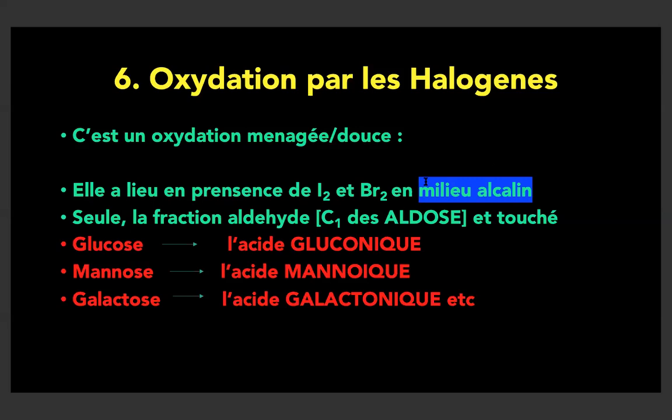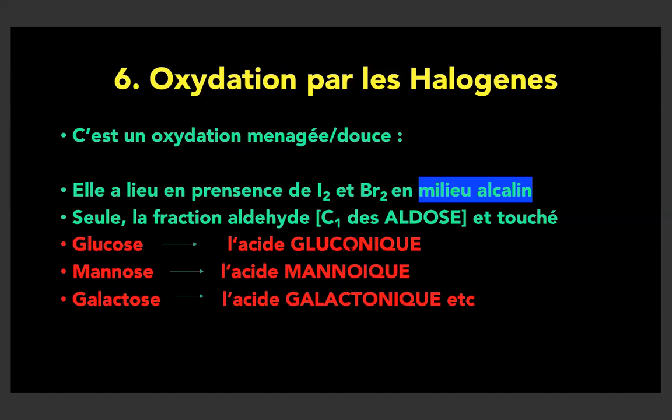Now it's the same thing. For us to have a positive reaction, for a glucose to form a gluconic acid, for a mannose to form a mannonic acid, for a galactose to form a galactonic acid, we are supposed to satisfy the same conditions.